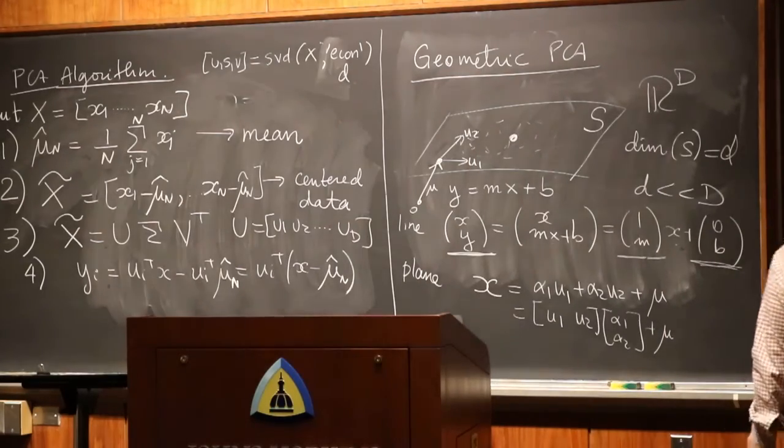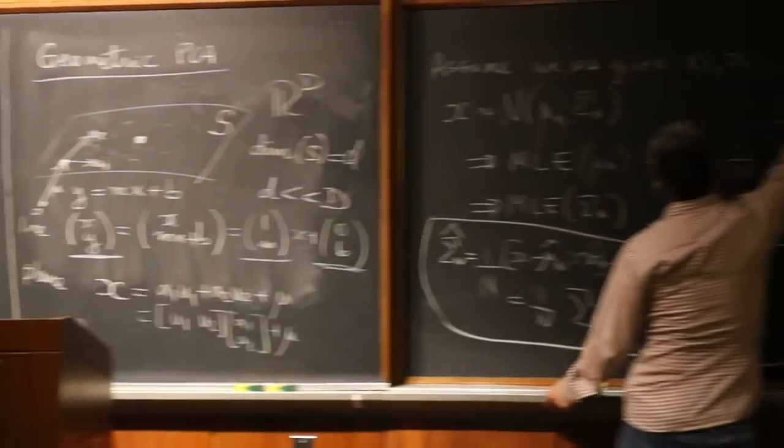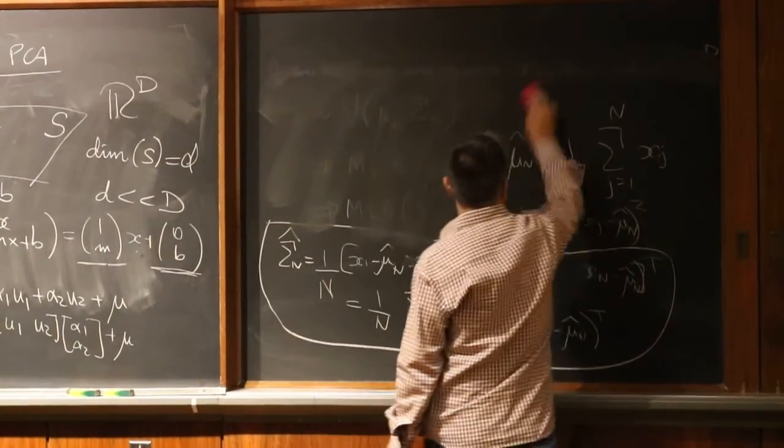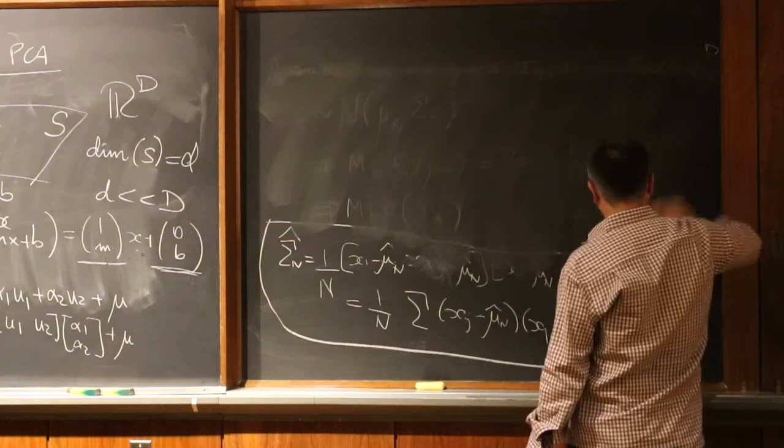Okay? So that's the equation of a plane. But now we want to do this for big data and more dimensions than 2, so we just do the same thing in general.